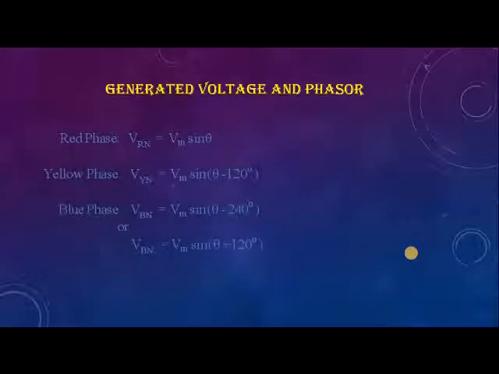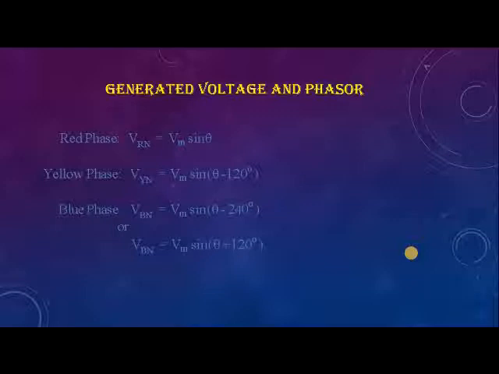So as I told earlier, we can call the phases A, B, C or RYB, red, yellow, blue. To differentiate using colors, I am using RYB. The phase voltage in R phase is Vm sin omega t, because the north pole cuts the R phase winding, or the A phase winding, first. So the generated voltage is Vm sin theta.